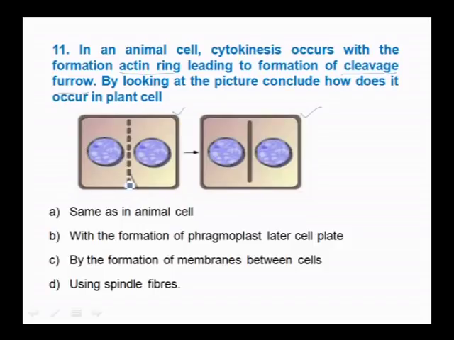In the first picture you can see the arrangement of phragmoplast at the center of the two daughter nuclei, and in the second diagram you can see the formation of a cell plate. The options go like this: A, same as in animal cell; B, with the formation of phragmoplast, later the cell plate; C, by the formation of membranes between cells; D, using the spindle fibers. The right option for this is B.